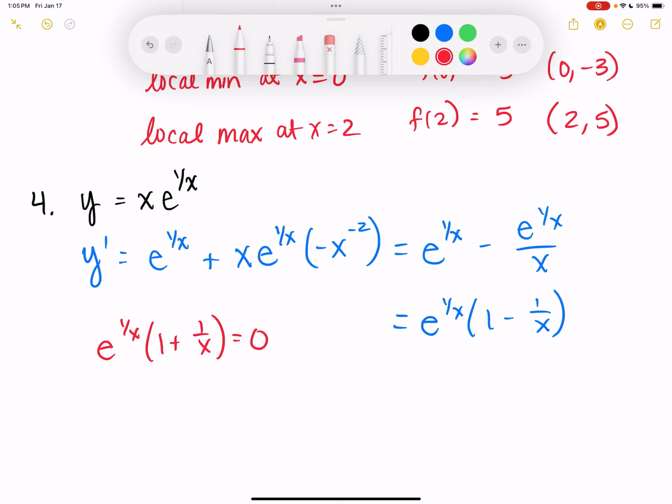Wait, why is it a plus now? I don't know. Because I wrote the wrong thing. I thought we were checking like the positives and the negatives or something. No. Hooray!